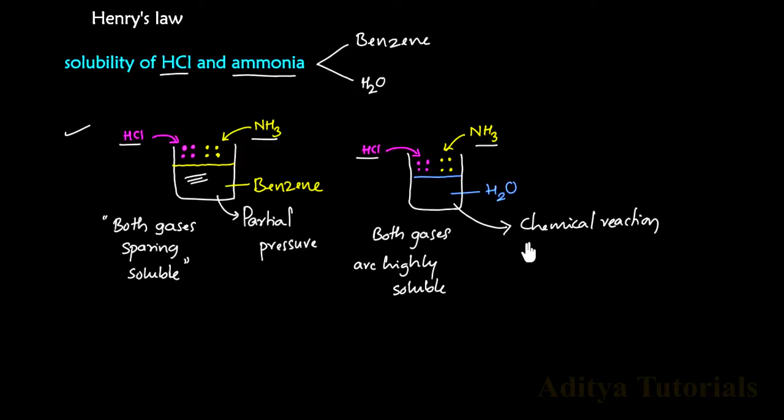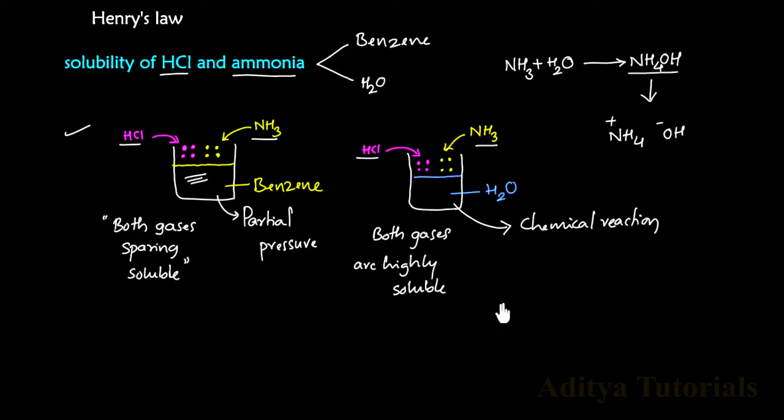Let's see what actually happens here. Assume that here I have ammonia, that is NH3. When it reacts with water or interacts with water, it forms a molecule called NH4OH. And this NH4OH molecule splits up into NH4+ and OH-. Around these ions, the water molecules are surrounding.